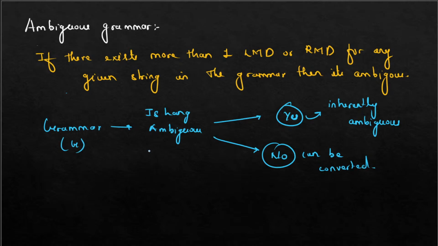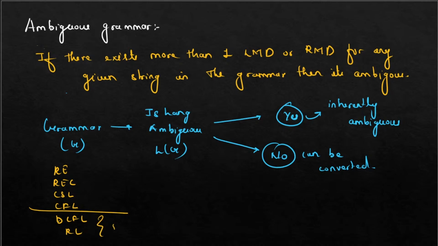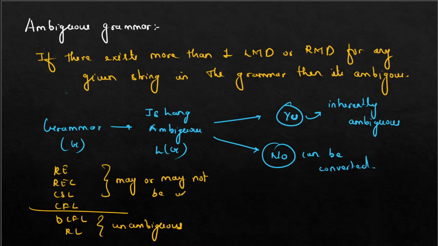So this is G, and this is the language of G. So RE, REC, CSL, CFL, DCFL, RL: these are all unambiguous, and these may or may not be ambiguous.